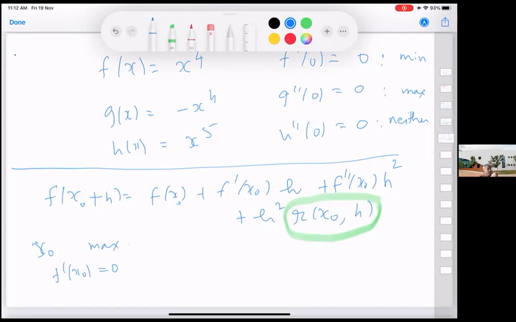Now I'm trying to argue that f double dash should be negative.